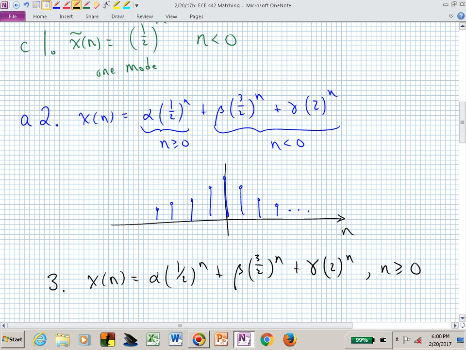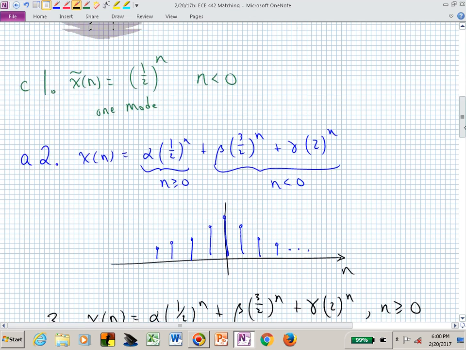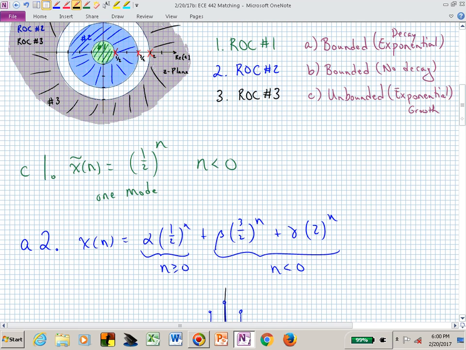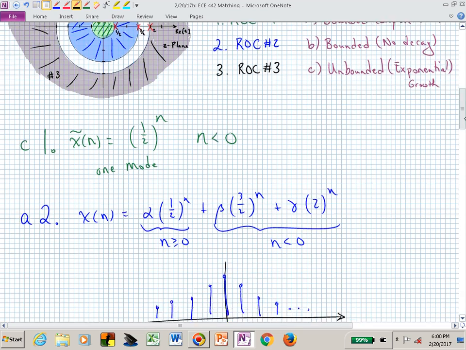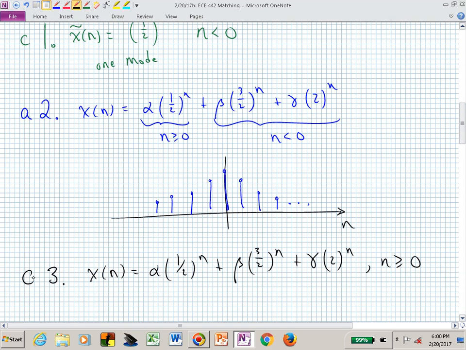That 2 or that 3/2 is a number bigger than 1, which you're raising to higher and higher powers. Do you see that this is going to be growing exponentially and be unbounded? That likewise is C. So I didn't have a B. It was either A or C on that problem.